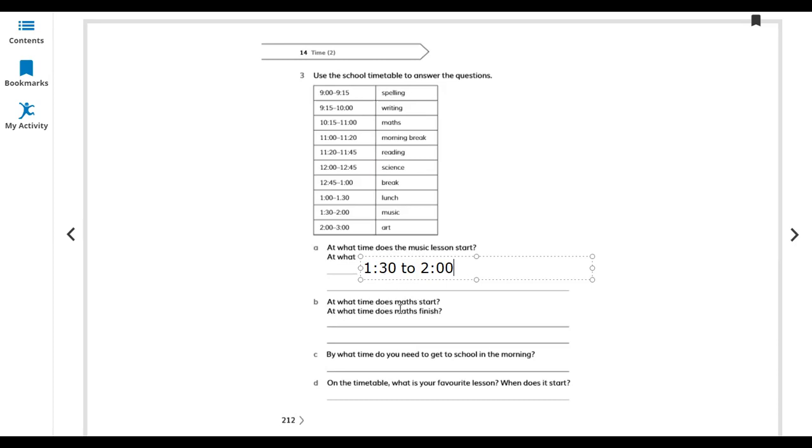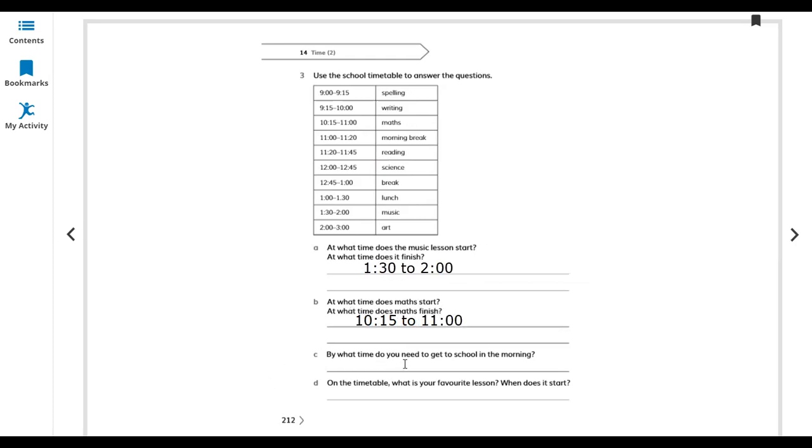At what time does the math lesson start, and what time does math finish? So math, where is the math class? 10:15 until 11.